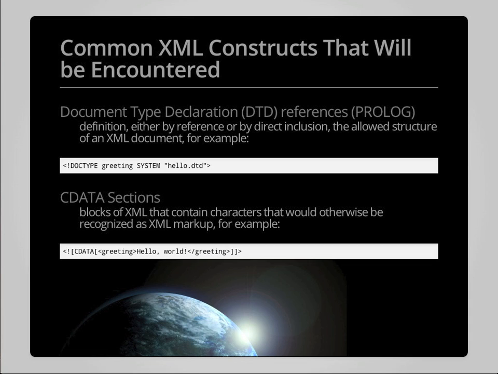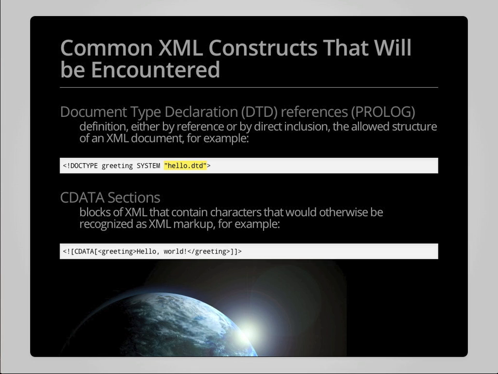So here we see an example of one such document type declaration that includes a reference to a DTD. This DTD could be accessed and used to validate the XML document that this doctype declaration is a part of.